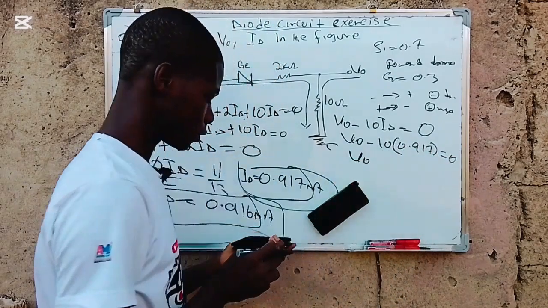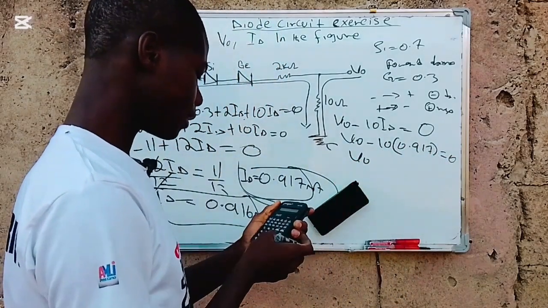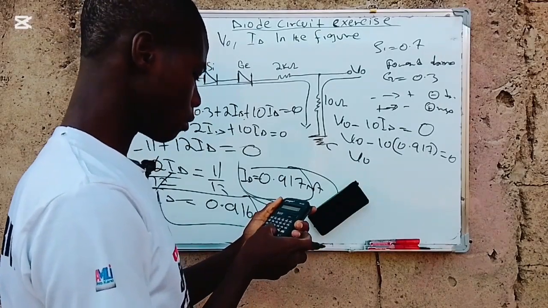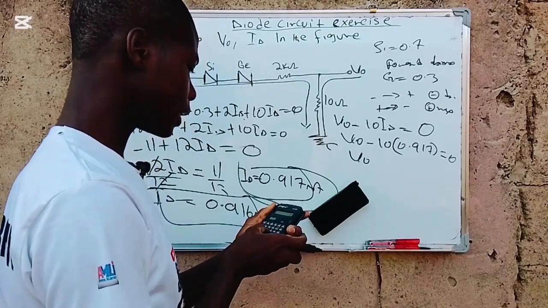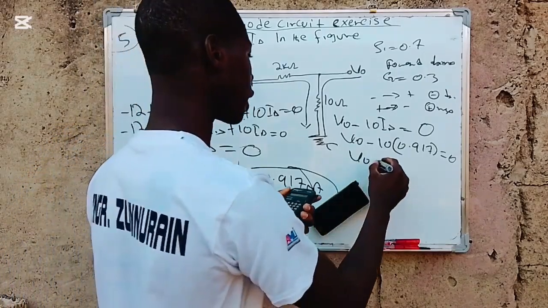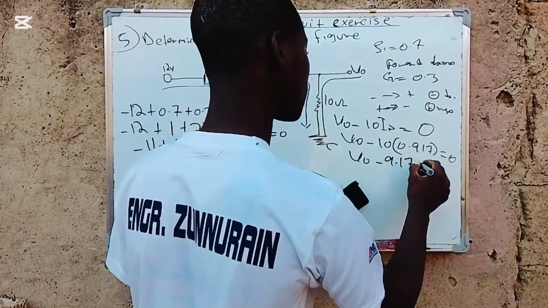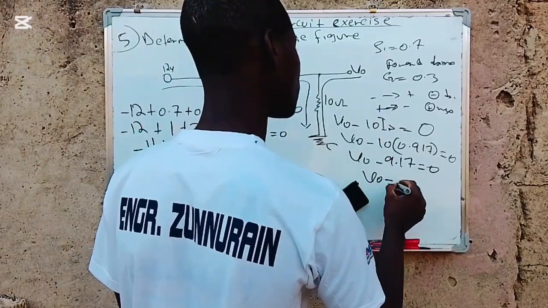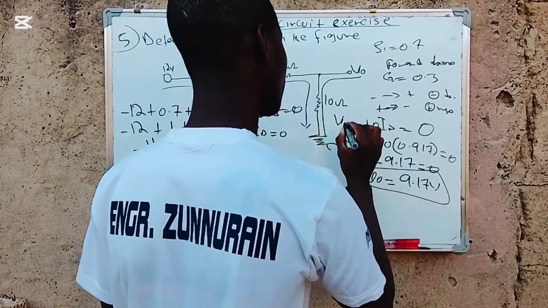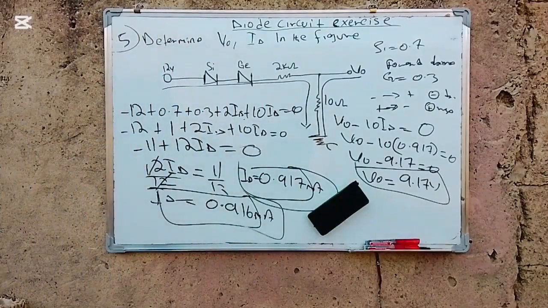So this V naught minus 9.17 is equal to 0. V naught is equal to 9.17 volts. So this is all I have for you for this.